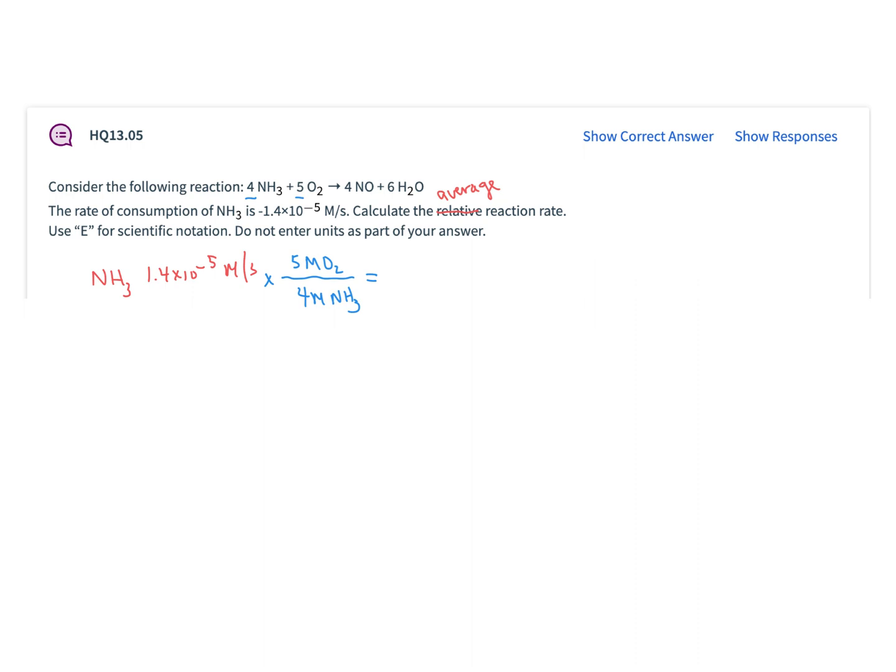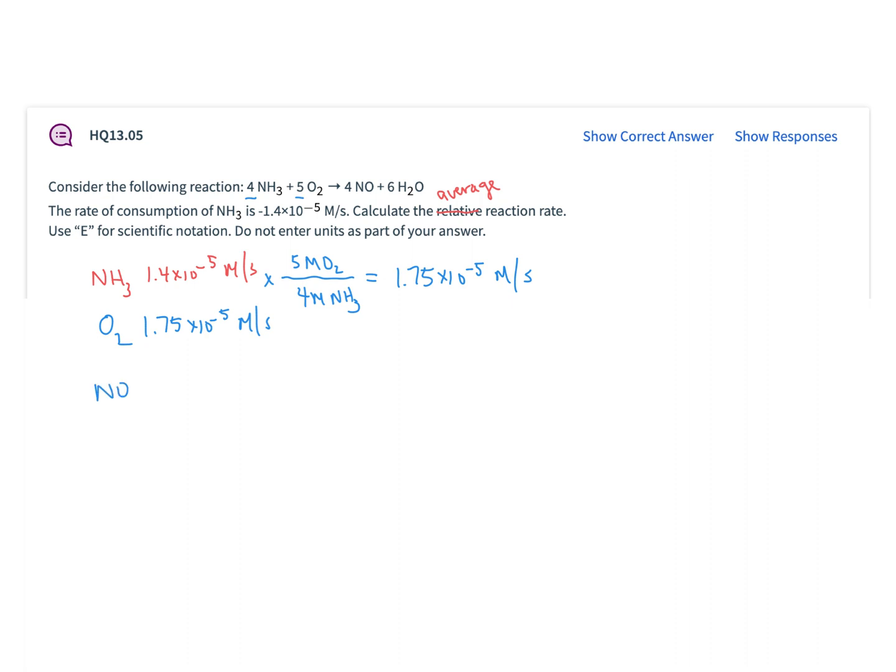The rate for oxygen was, I think, 1.75 times 10 to the minus 5 molar per second. So that would be the relative rate of this reaction with respect to oxygen. Oxygen's being consumed at this rate. And we could do the same thing to calculate the relative rate for nitric oxide and water as well.